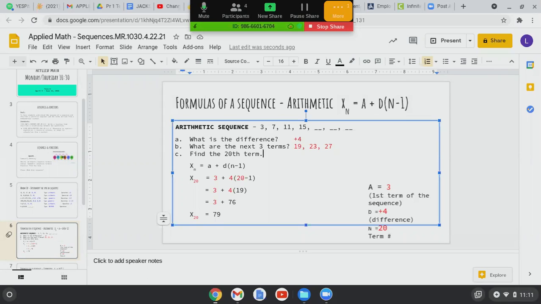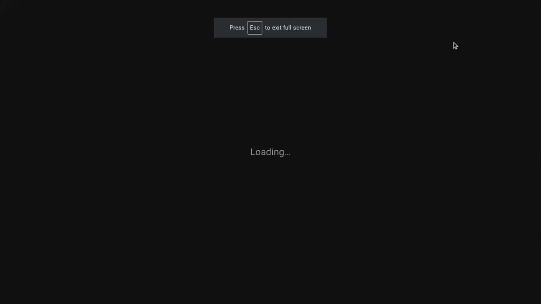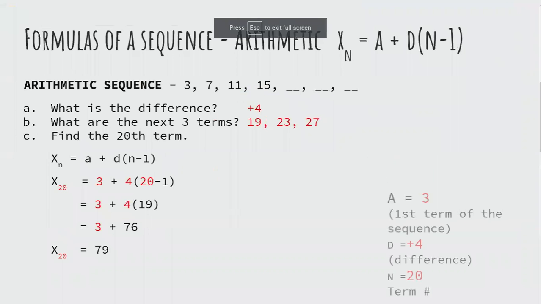All right, so now, just like we have a formula for an arithmetic sequence, and again, those of you who are writing your notes, I'm going to leave it there. Those of you who are taking a screenshot, make sure you take a screenshot. So again, you may be asked a term further down in the sequence.